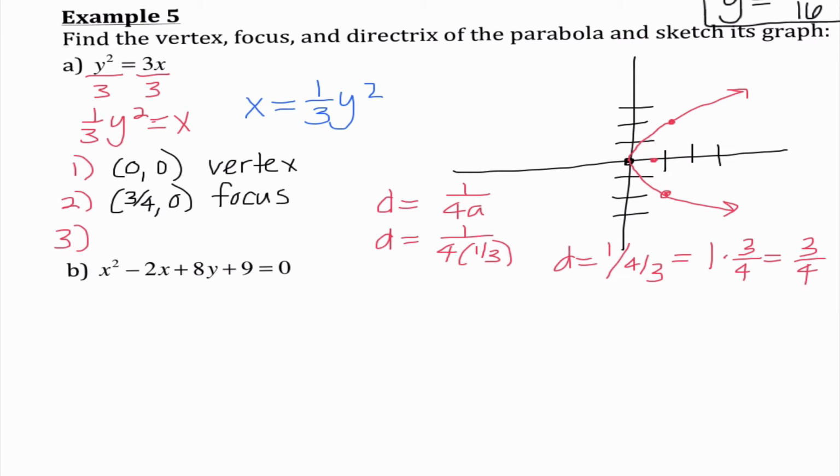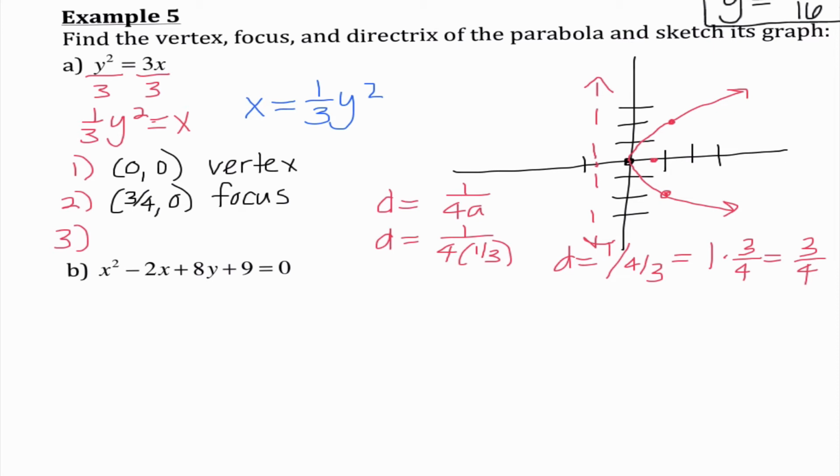Now to find our directrix, I'm starting back at the vertex and I need to move outside the parabola. The only way that I can move it so it does not intersect our parabola is by moving it to the left. So I'm going to move over -3/4, and I'm drawing a vertical line.